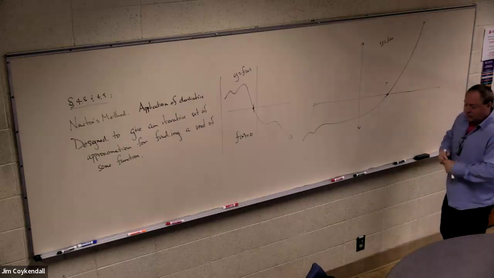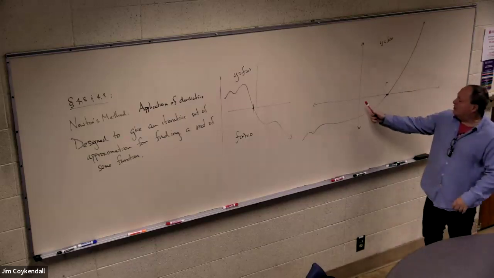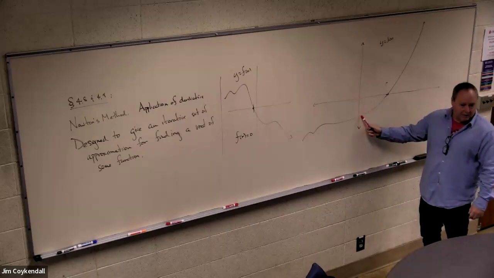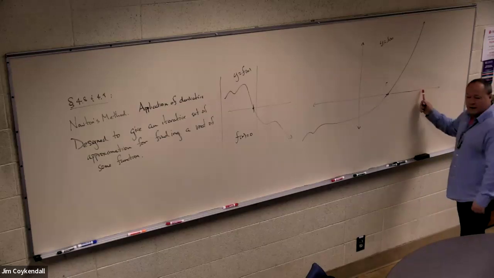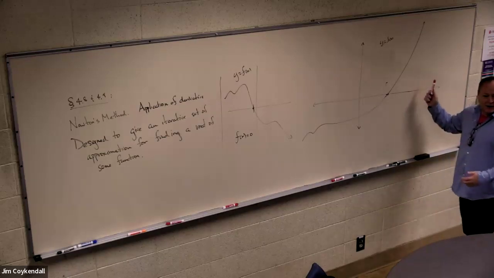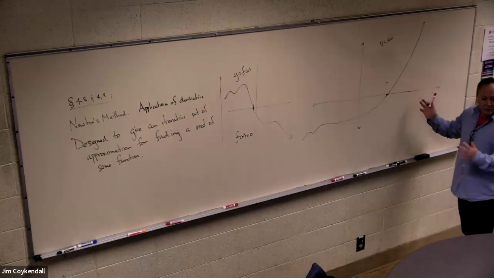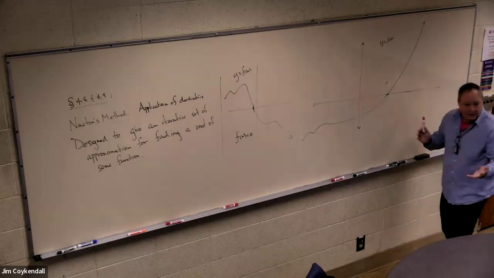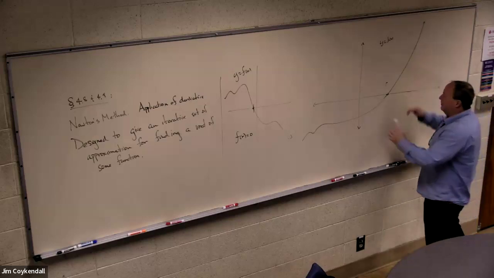Well, the intermediate value theorem. Find some place here, plug it in, and the value of the function is -3. Find some place over here, the value of the function is positive. If the function is continuous, you have to have a root between them. Right, so there's your first guess. I know it's between, say, here and here.